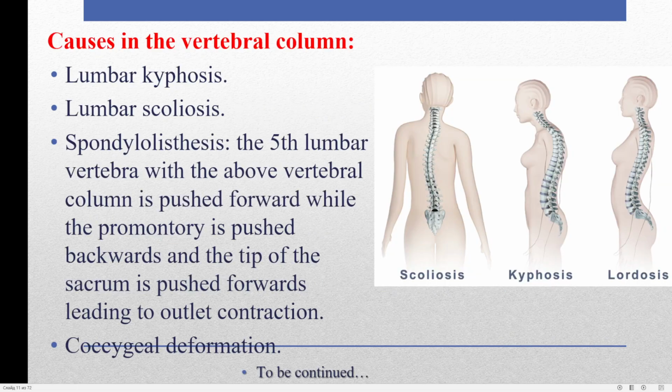Causes in the vertebral column: lumbar kyphosis, lumbar scoliosis, spondylolisthesis, when the fifth lumbar vertebra with the above vertebral column is pushed forward while the promontory is pushed backwards and the tip of the sacrum is pushed forwards, leading to outlet contraction. And another cause is coccygeal deformation.